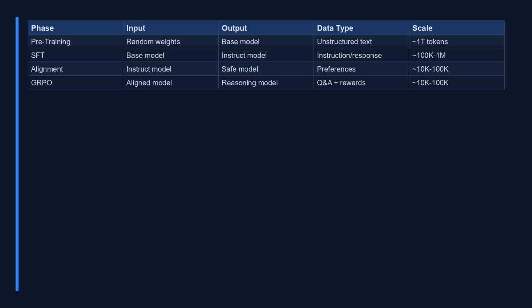Alignment takes the instruct model and produces a safe preference aligned model trained on 10,000 to 100,000 preference pairs. And GRPO takes the aligned model and produces a reasoning model trained on 10,000 to 100,000 problems with reward functions. Each phase is an order of magnitude smaller in data than the one before it.